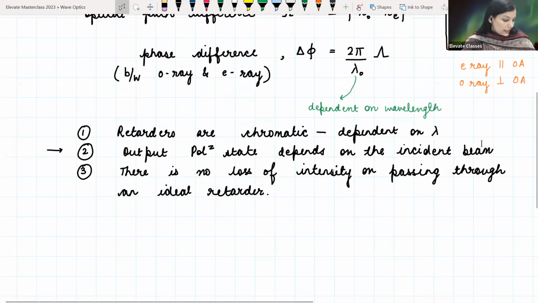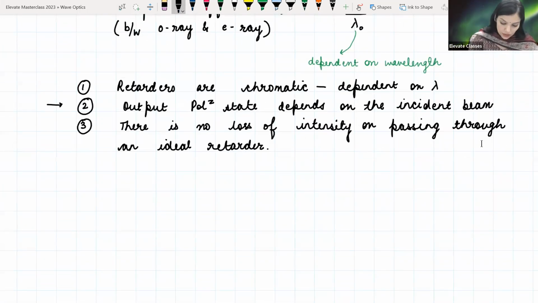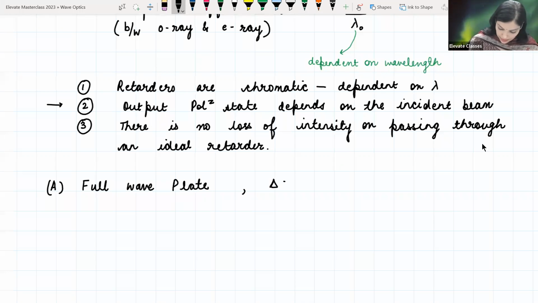Okay, so after that, we have to look into these retarders one by one. First is a full wave plate, which is not used anywhere. Full wave plate means that this delta phi is equal to 2 pi. So basically my E ray and O ray are back in phase after they have crossed the retarder.